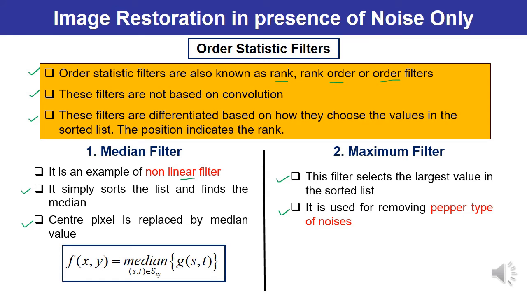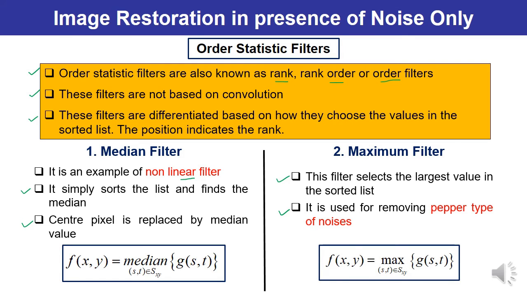For example, if you have a set of numbers from 1 to 10, the maximum value is 10, and if you get such samples, then the center pixel value will be replaced with that value 10. It can be represented as f(x,y) is max of g(s,t), meaning in that particular window, whatever the maximum value is, that value will replace the center pixel value.